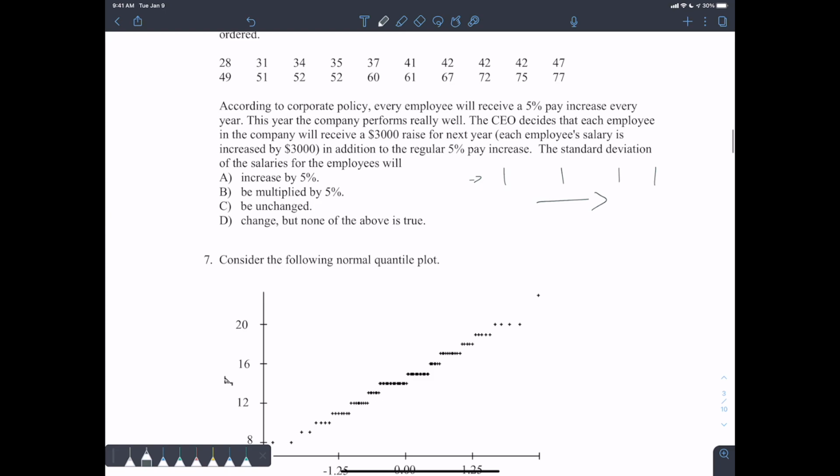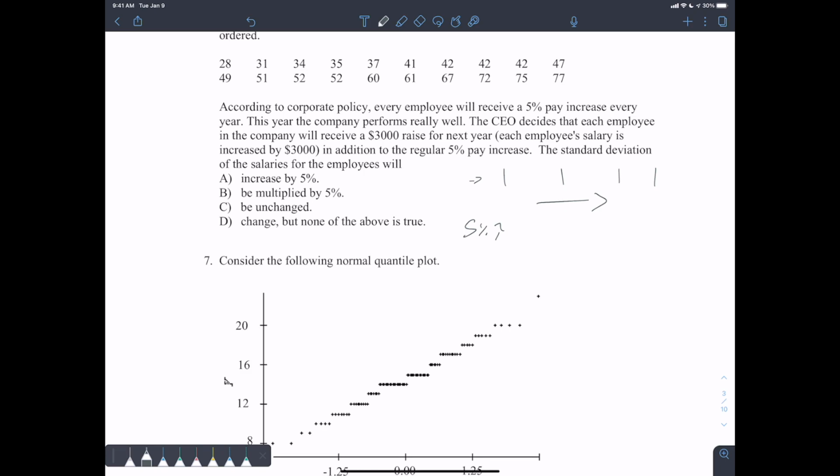So the next thing is a 5% increase. At a 5% increase, the employees who make like $20,000 a year in a strictly monetary sense, by a dollar value, are going to have a smaller increase than the employees who are making more.